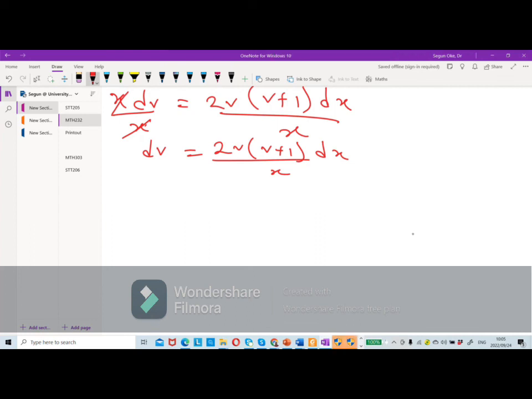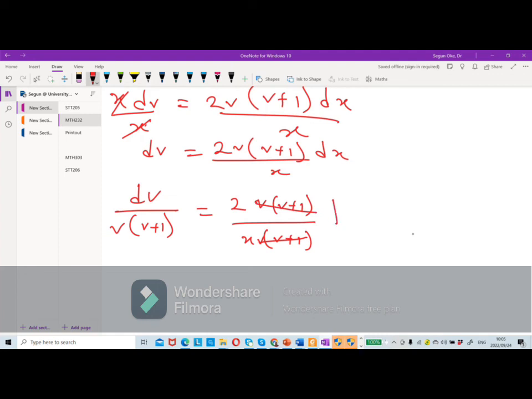So I'm going to have dv over v into v plus 1 equals 2 over x dx. I'm doing this the elementary way so that all of us can benefit.